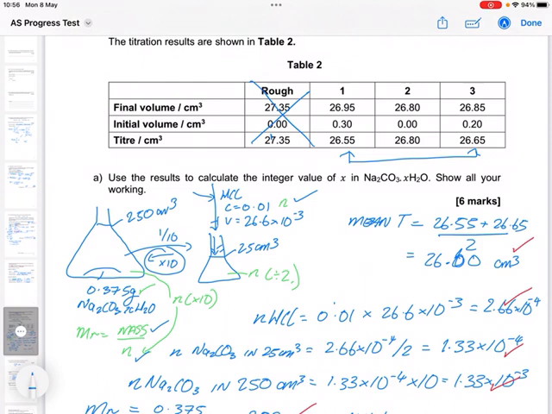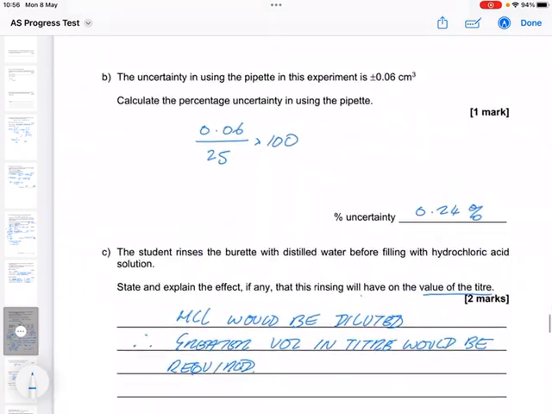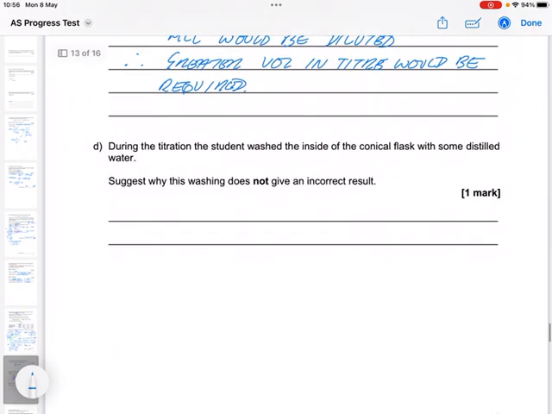So the number of moles that's in the flask hasn't changed. So it actually makes the whole process a little bit more accurate. So adding water doesn't change the number of moles of the sodium carbonate.